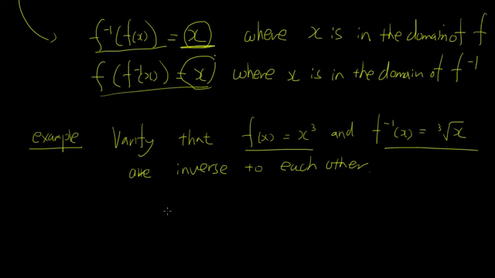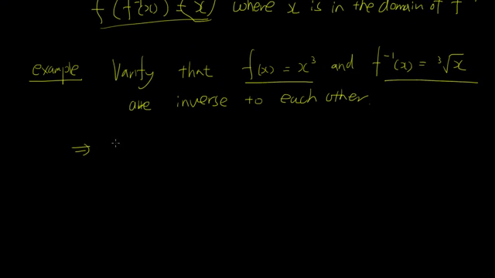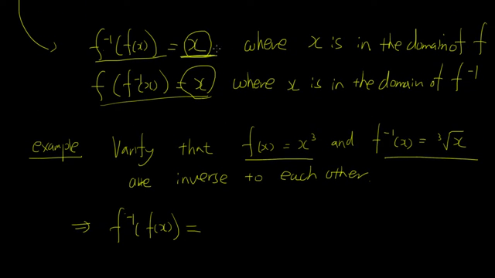Then try f inverse of f of x. If this becomes x, then we are verifying that they are inverse to each other. So how do we find this? f inverse of f of x is, instead of writing f of x, I'm just writing x to the cube.